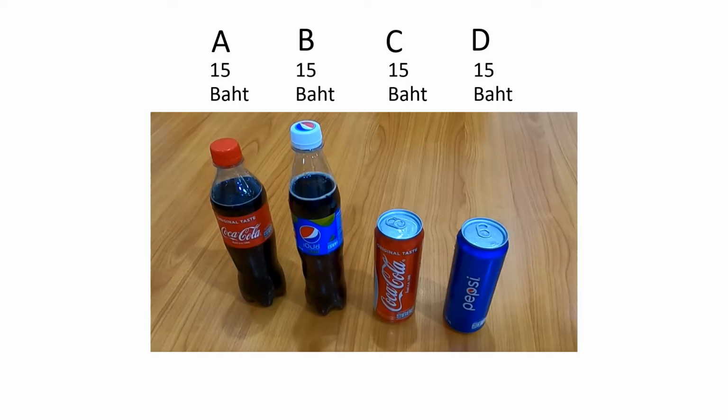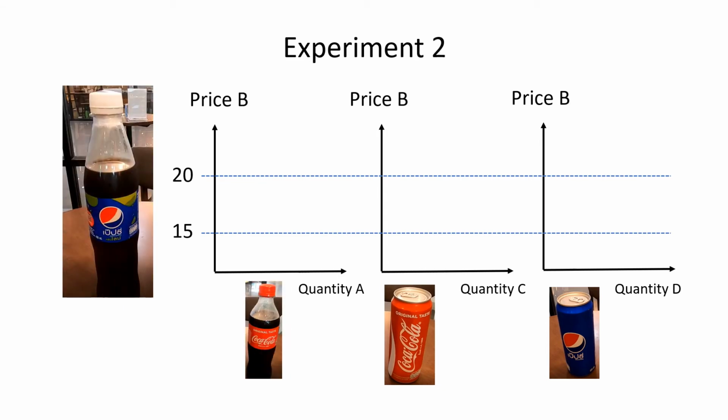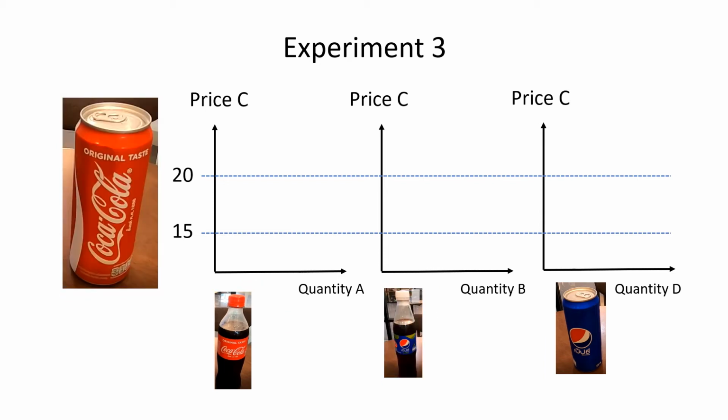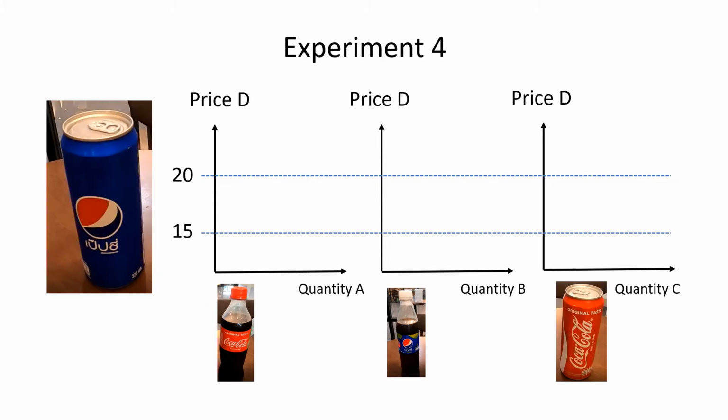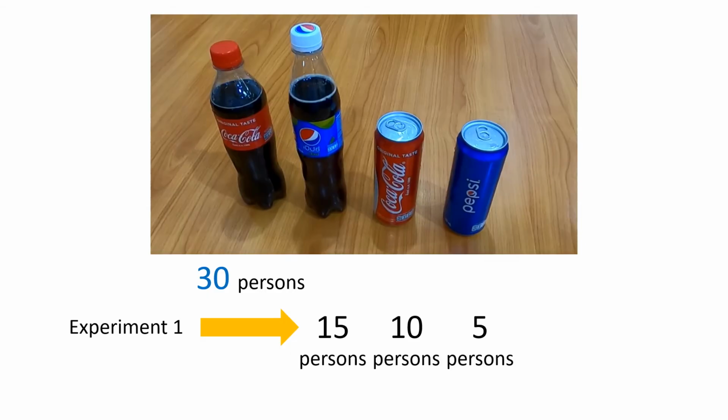Here we are, the results of the experiment. Experiment 1. Experiment 2. Experiment 3. And experiment 4. These are the 30 persons who chose Coca-Cola in bottle and then switched to other products.